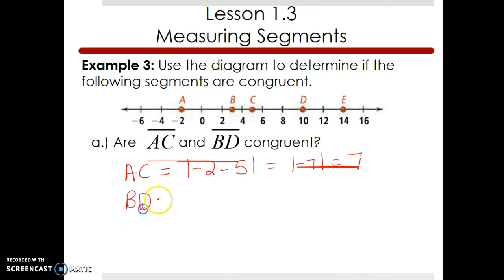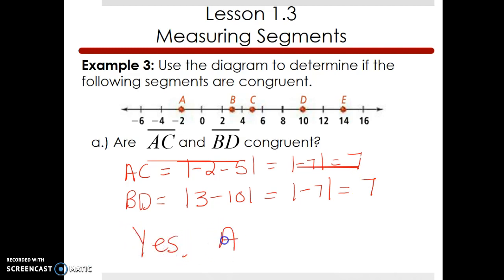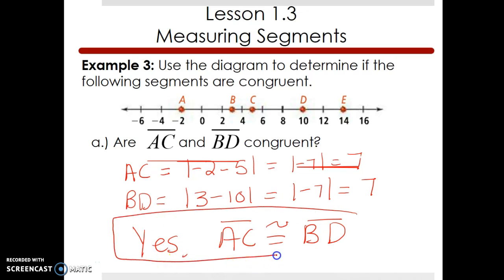BD, B is 3 minus 10, which is also the absolute value of -7, which is 7. So yes, AC is congruent to BD. They're both 7.